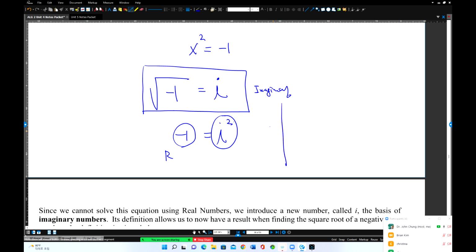We have two worlds: the real world and the imaginary world. The square root of -1 equals i. When you square this i, it moves to the real world, and that equals negative 1. That is not imaginary anymore, because we defined it this way.